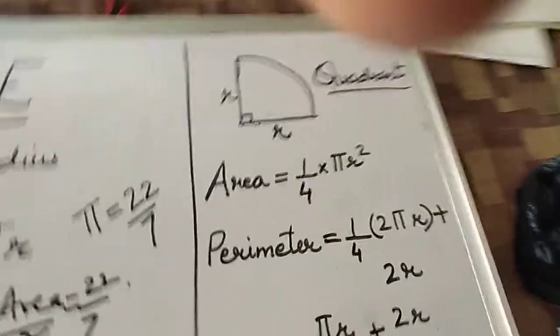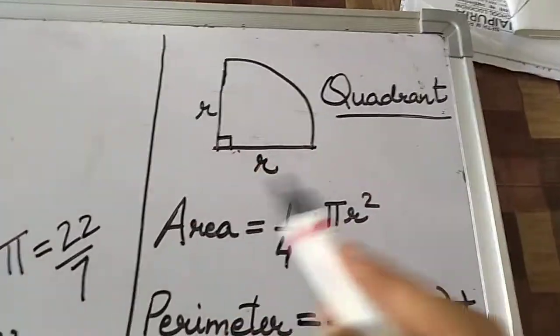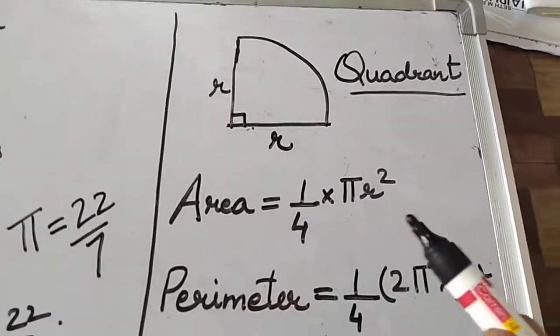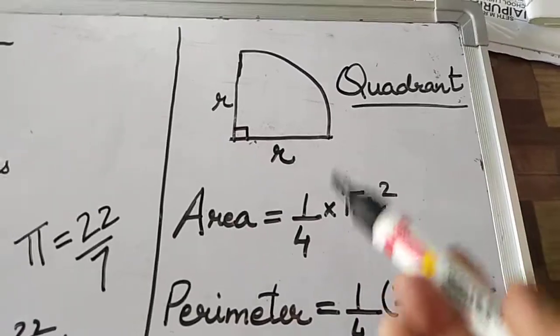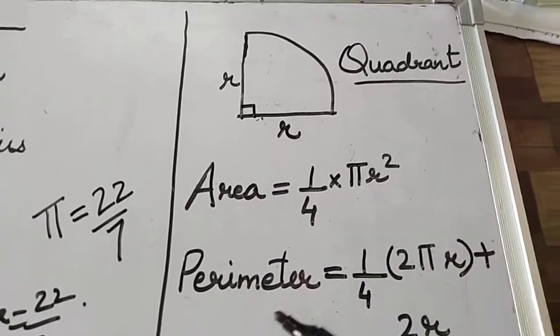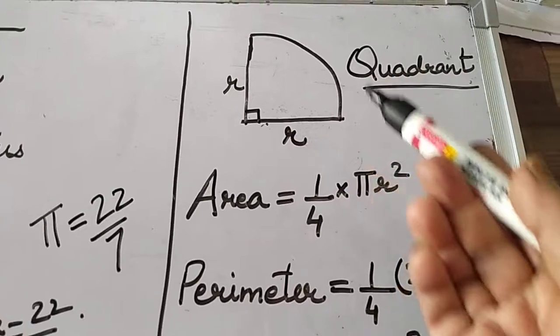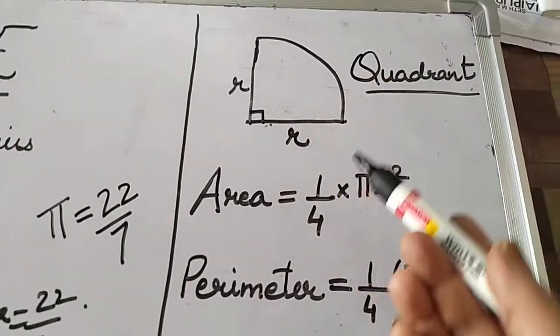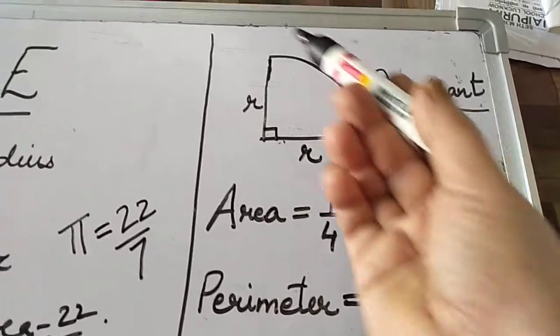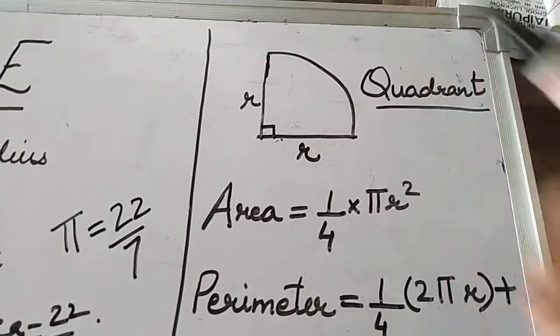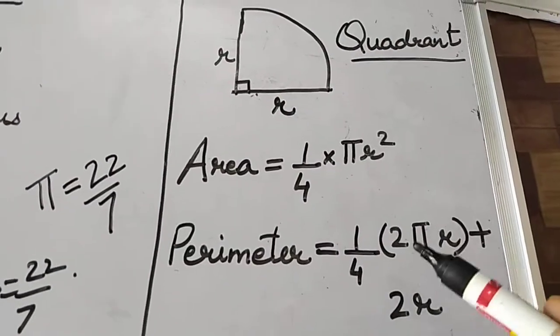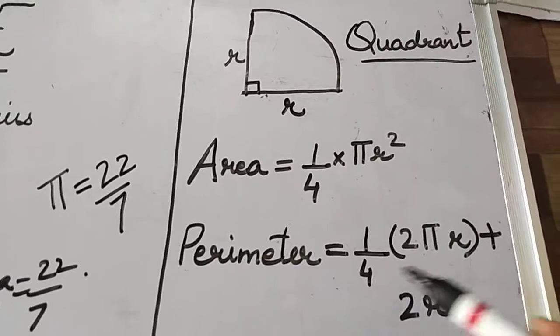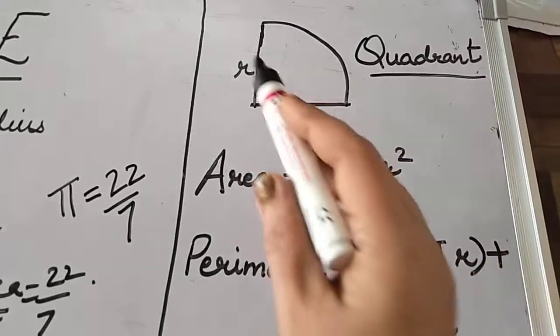What is a quadrant? Quadrant is 1/4 of a circle. So area becomes automatically 1/4 of the total circle's area, that is 1/4 pi r square. Perimeter is 1/4 of the curved length. The total curved length was 2 pi r, but 1/4 of the length will be 2 pi r into 1 by 4, and plus twice the radius.